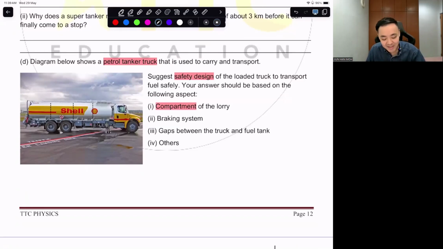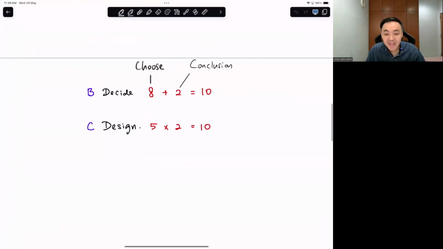Choose is 8 marks, conclusion 2, that's why 10. Design is also 10, but since you have no conclusion, it becomes 5 times 2, meaning you have to write 5 points. 5 points multiplied by 2 is 10 marks, not 20.